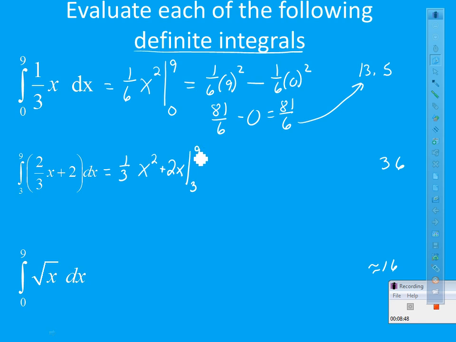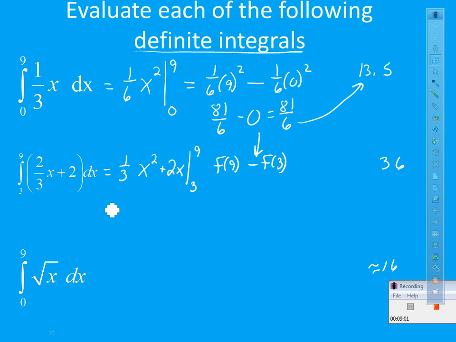So your next step is you're going to run 9 through this, so you're going to find f of 9 minus f of 3. It's always a minus. The reason I don't need the plus c on here is I'd have a plus c here and a minus c here after I distributed, and my c's cancel out.